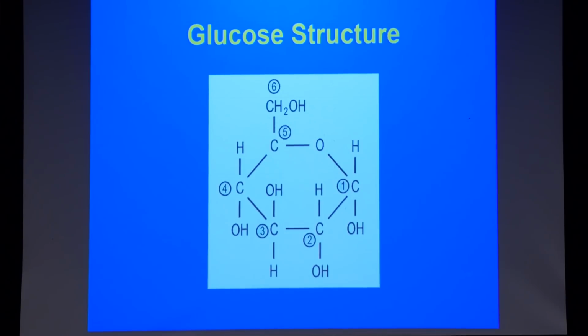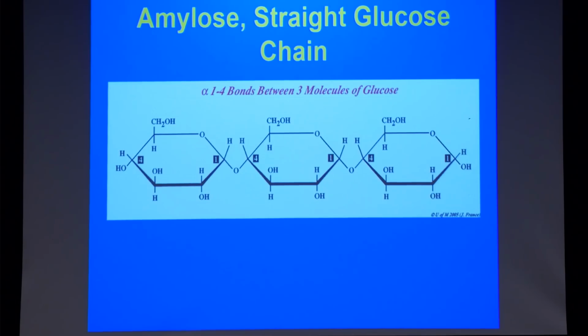What this allows us to do, as we showed on the board, is link the number 1 carbon of one glucose molecule to the number 4 carbon of a neighboring glucose molecule. We can link them through these oxygens, and we can do this over and over again, making this great long straight chain to get amylose.